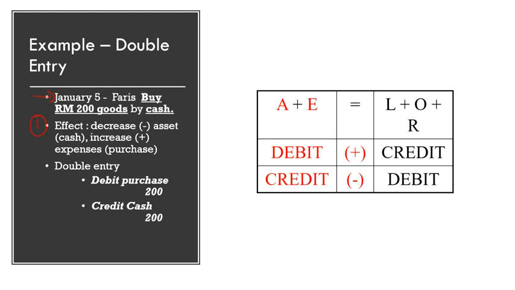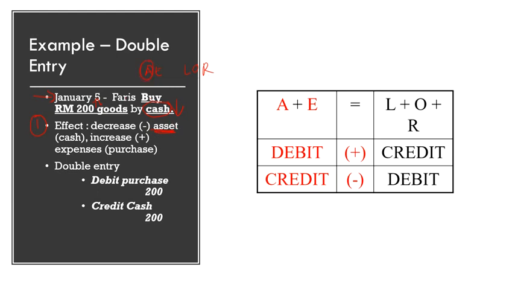Faris buy 200 ringgit goods by cash. So, maksudnya cash decrease. Buy goods, maksudnya goods increase. Okay, so cash is your asset, expenses, liability, owner's equity or revenue? Cash is your asset, so that's why the effect here is decrease, asset decrease.